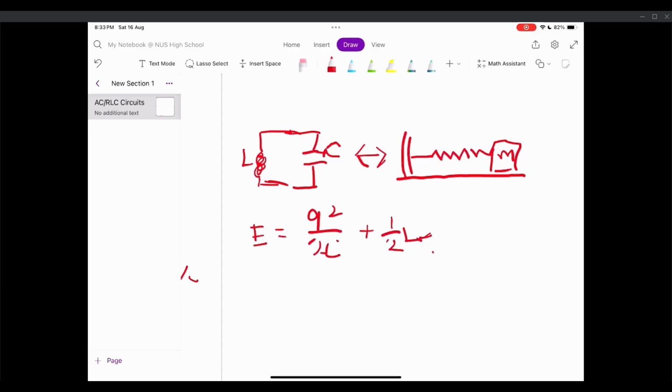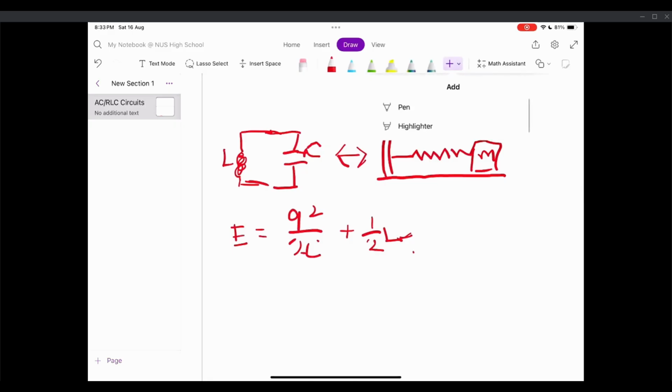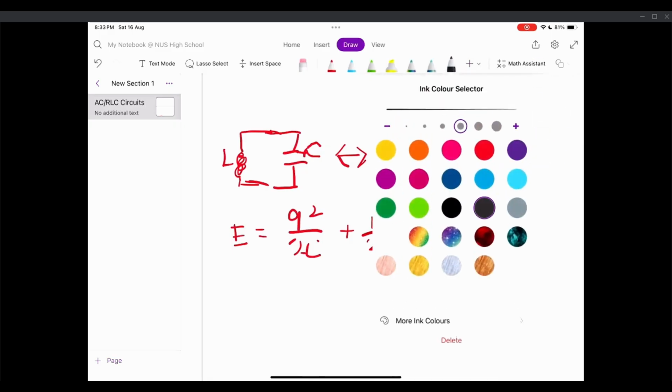Let me see if I can draw. Give me a second.